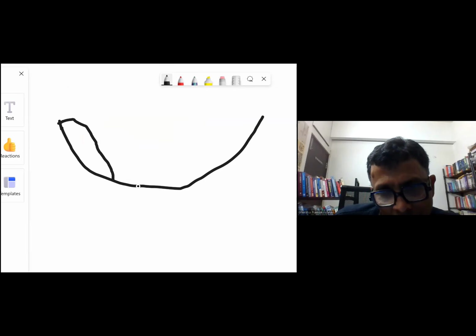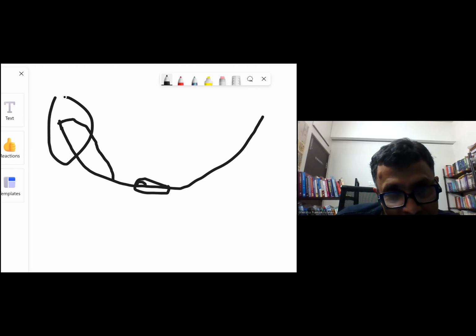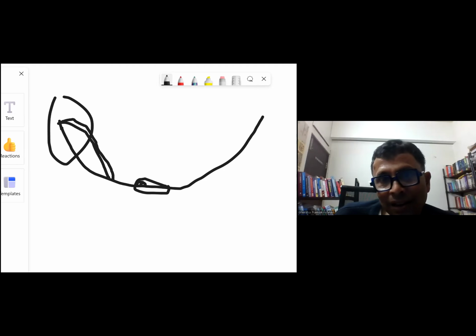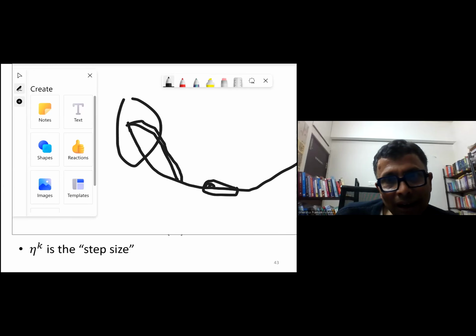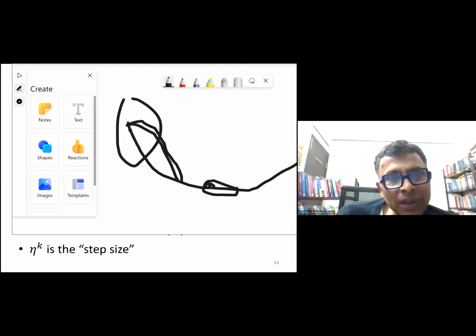Out here, am I close to the minimum or far away? Do I want to take a small step or a big one? Small, right? You want to be careful. And so where the derivative is large, you want to take a big step. Where the derivative is small, you want to take a small step. And this rule, the gradient descent rule, gives you that property.